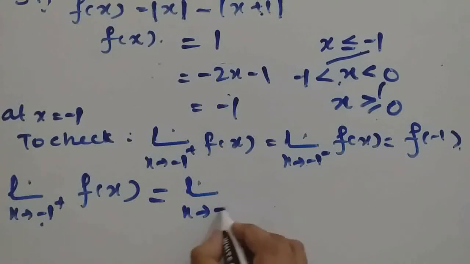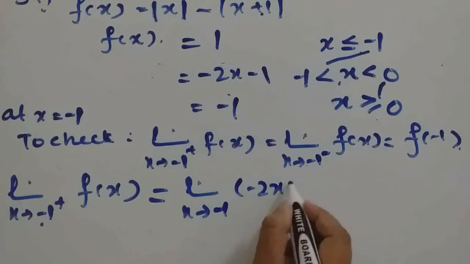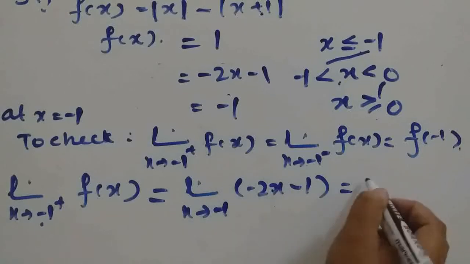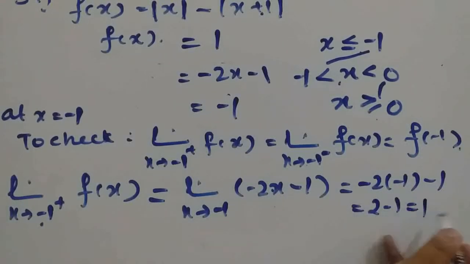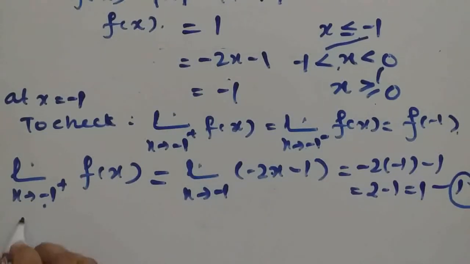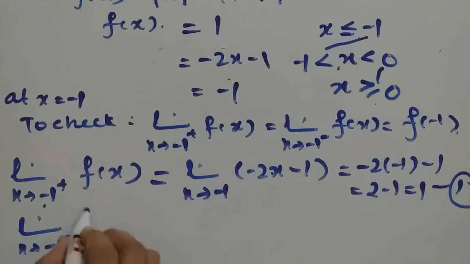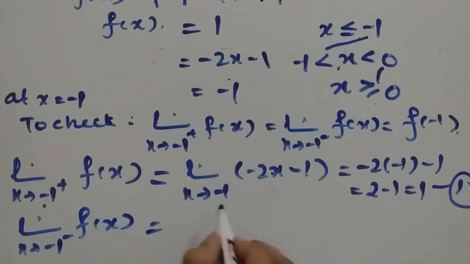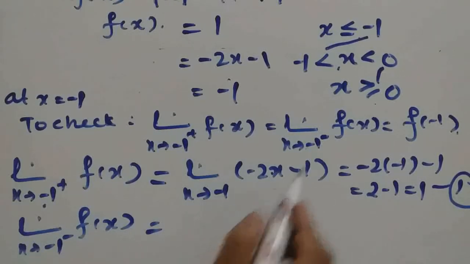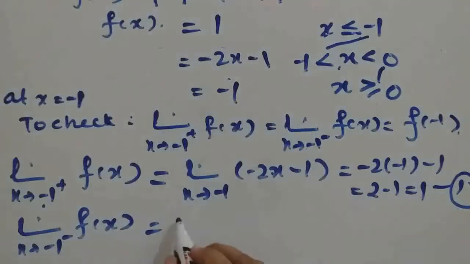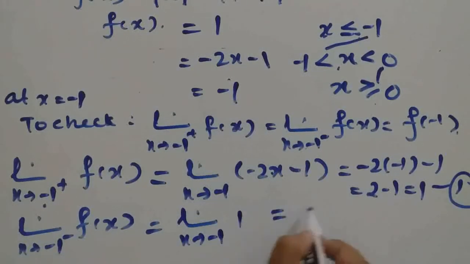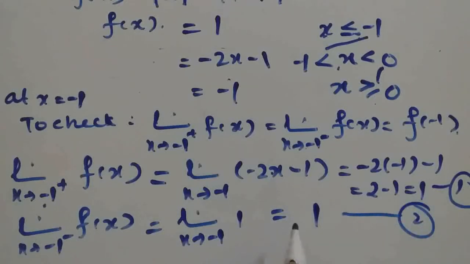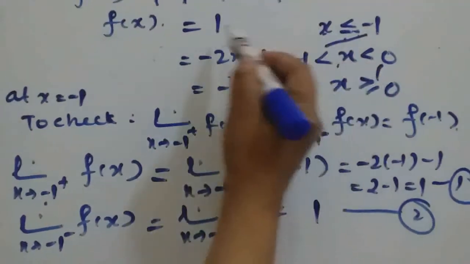Substituting x as minus 1, we get 2 minus 1, which is 1. Equation 1. Then limit x tends to minus 1 minus means x less than minus 1, which is directly 1. Equation 2. And f of minus 1 is also 1. Equation 3.